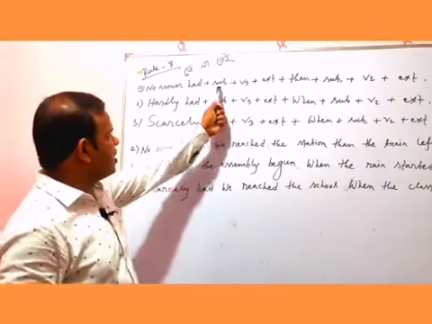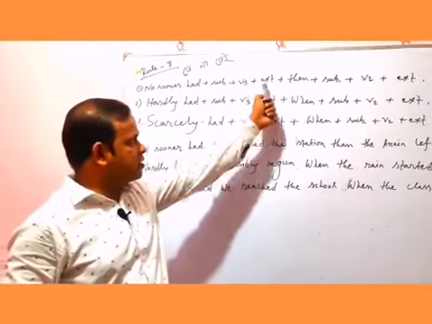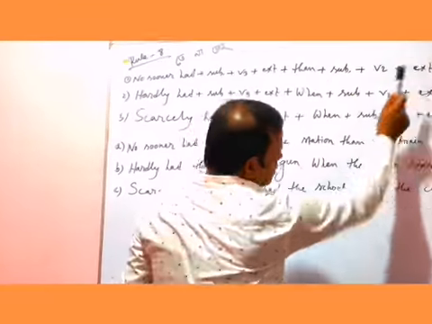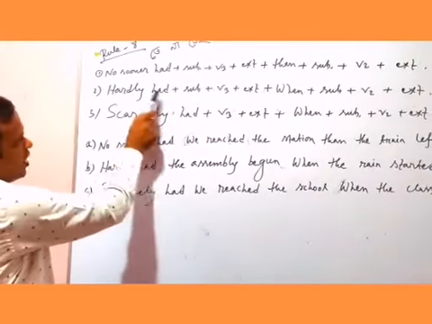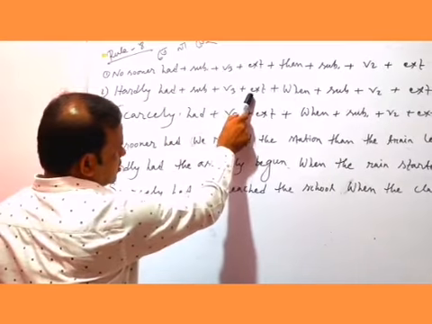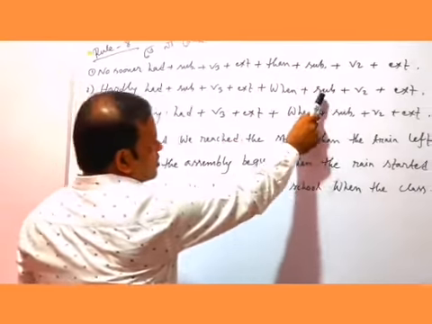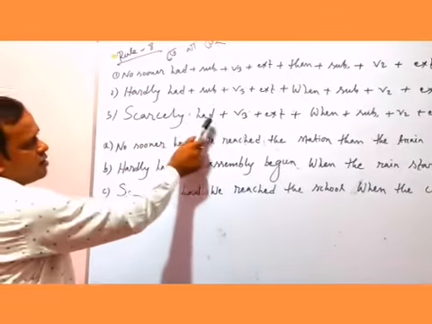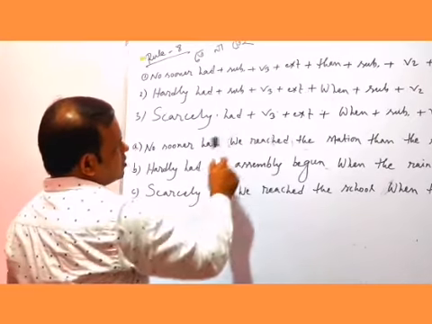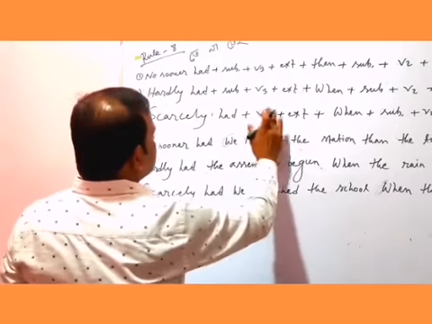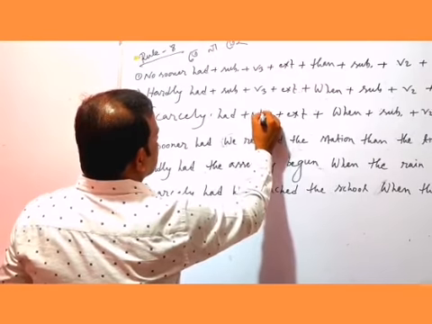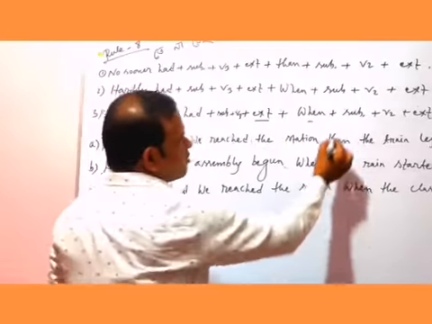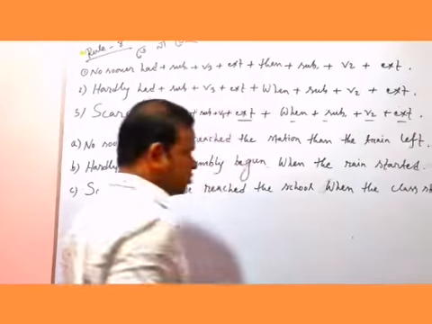No sooner had plus subject plus verb 3 plus extension plus then plus subject plus V2 plus extension. Hardly had subject plus V3 plus extension when plus subject plus V2 plus extension. Scarcely had subject plus V3 plus extension when plus subject plus V2 plus extension.